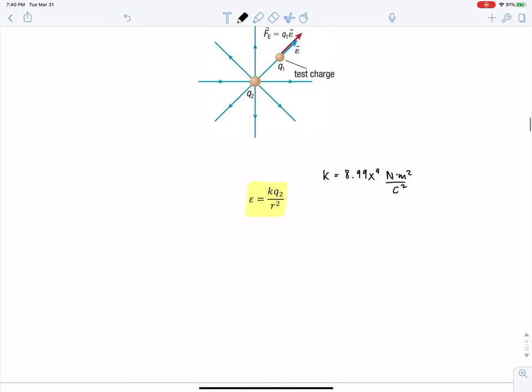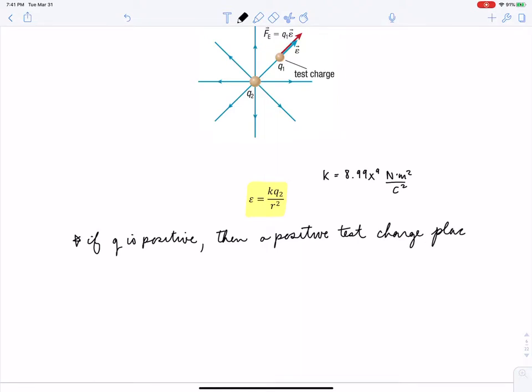Now, it's important to note, if Q is positive, then the force on a positive test charge placed near Q, or within the electric field, will be directed away.